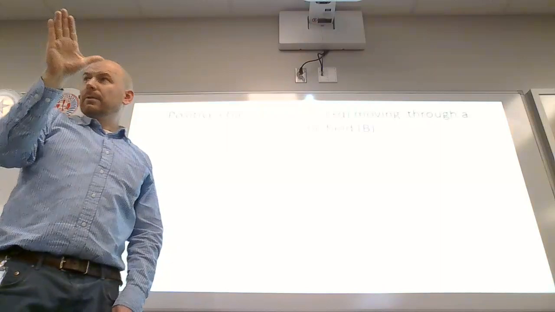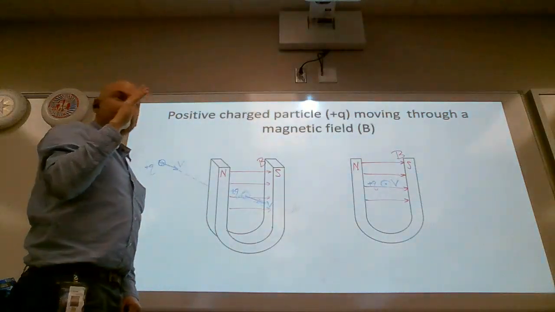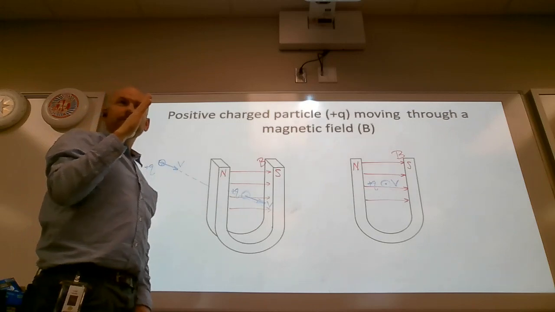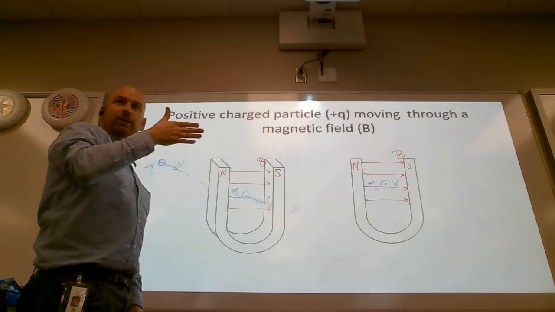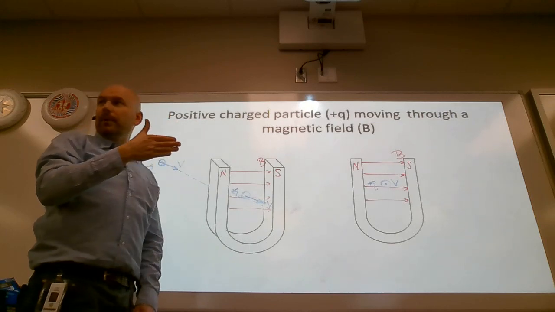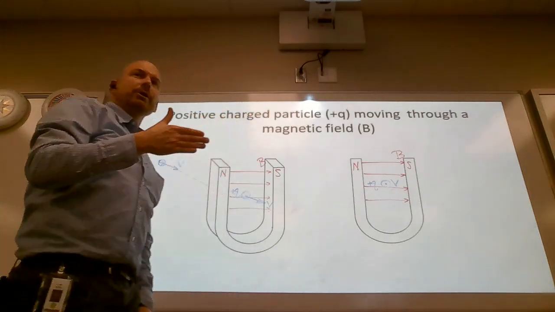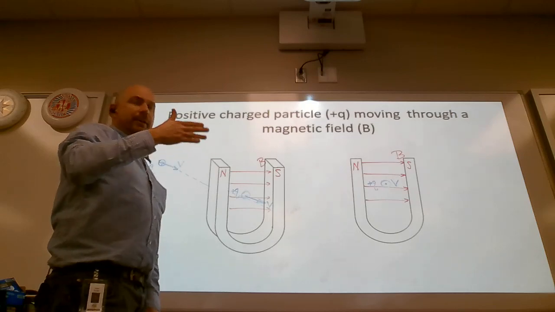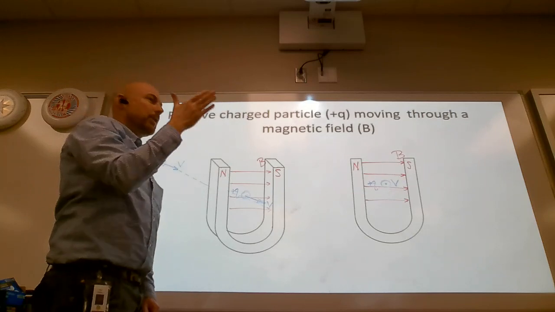So we're going to stick our fingers in the direction of the magnetic field. Which way are the magnetic field lines going? To the right. So stick your fingers to the right. Here's a very strong recommendation, almost a requirement: this gets really complicated really fast, and you'll be moving your hand all over the place.